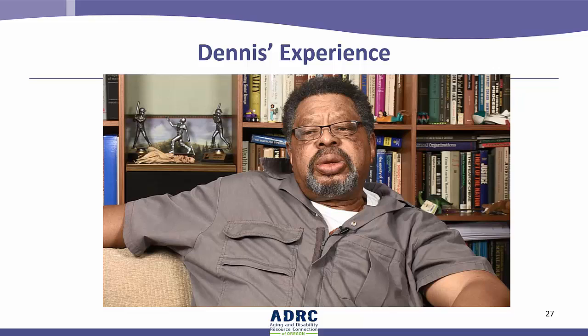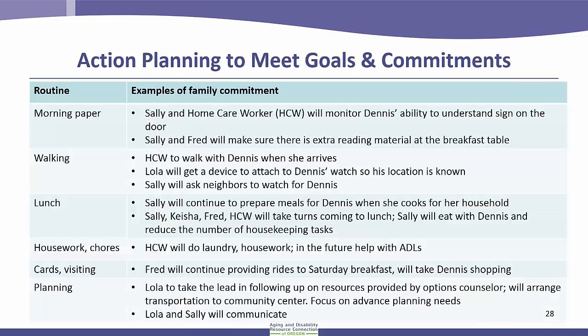For example, Sally learned about Lola's concerns, her desire to participate more in her father's care, and her frustration in feeling left out. Sally realized that she'd become more focused on tasks and she was missing pleasurable time with Dennis. This had made her resentful, irritated, and overwhelmed.